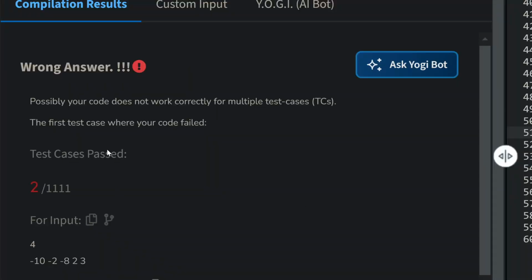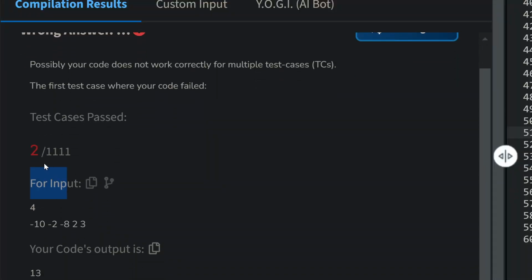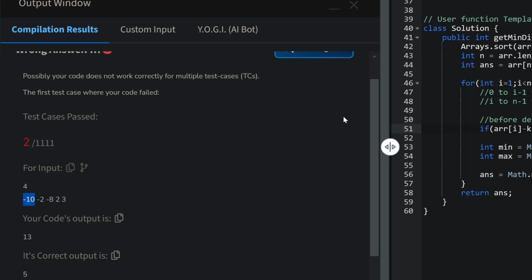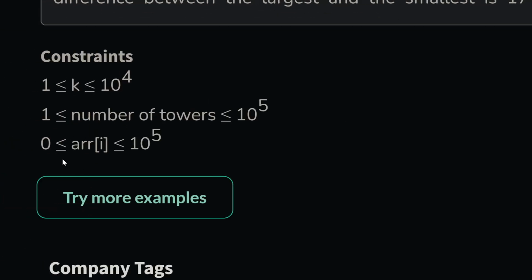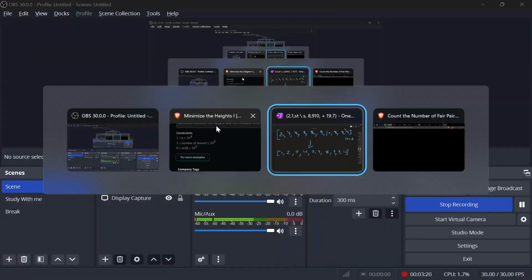So here is the proof. My solution failed on test case 2. In this, the height is negative, although it does not make any sense. And here it is also given that height is positive, but GFG, I don't know why, added a negative height test case to the test cases. So let's try to build the approach and continue.